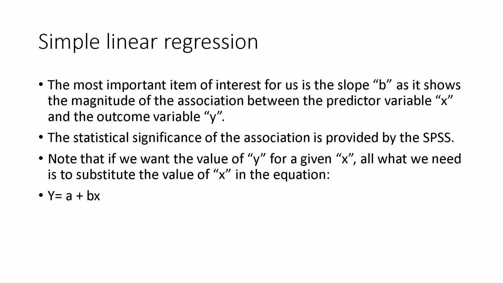The most important item of interest for us in regression is the slope or the beta, as it shows the magnitude of the association between the predictor variable x and the outcome variable y. The statistical significance of the association is provided by the SPSS.